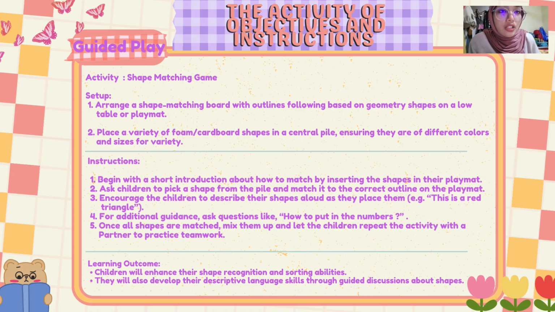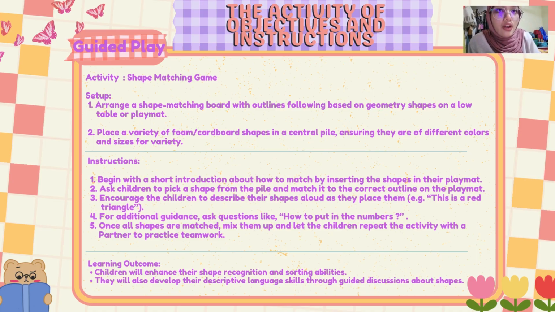For the instruction of this game, the first one is begin with a short introduction about how to match by inserting the shape in their playmat. Second, ask the children to pick a shape from the pile and match it to the correct outline on the playmat.